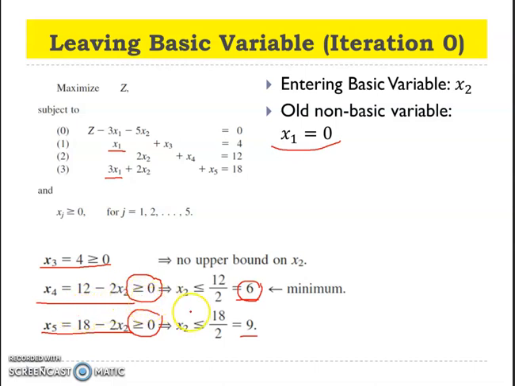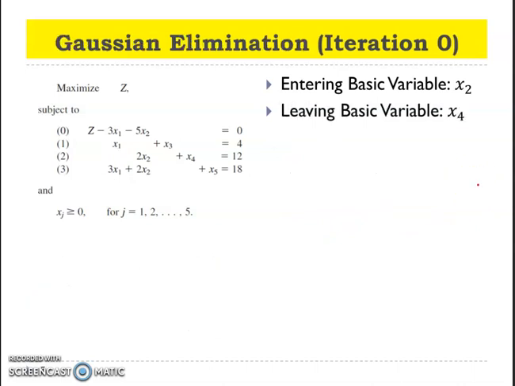So once we have x2 equal to 6, x4 will become 0, and hence it will be the leaving basic variable. So the leaving basic variable is x4, and the entering basic variable is x2.